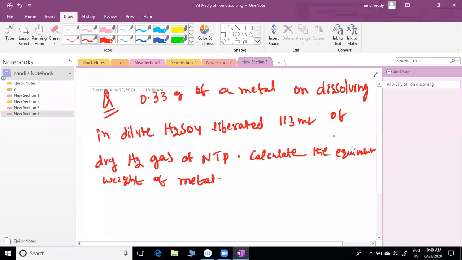Understood? Very simple here. I have given hydrogen at STP conditions. If you know the hydrogen weight, then you can calculate the metal equivalent weight. That's the only simple thing. So how to calculate the hydrogen weight? That is the question.